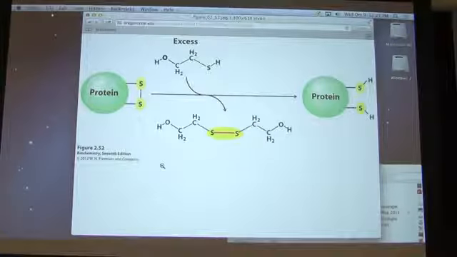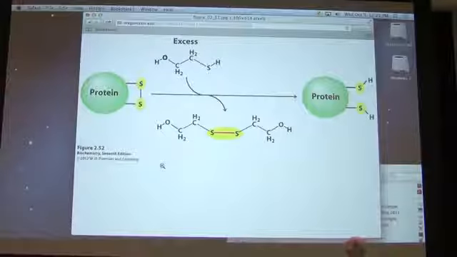So let me show you at the chemical level what's happening when we reduce a disulfide bond. Here's a protein that has a disulfide bond, and this is mercaptoethanol. Mercaptoethanol starts out with an SH, and our protein starts out with a disulfide bond. Basically what happens in this reaction is they swap places.